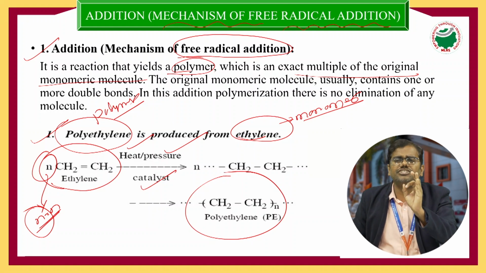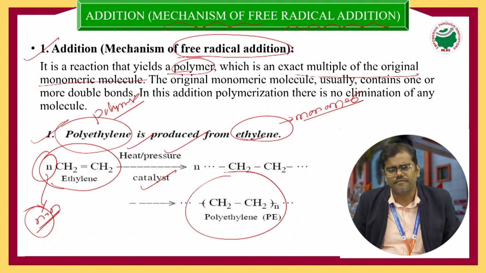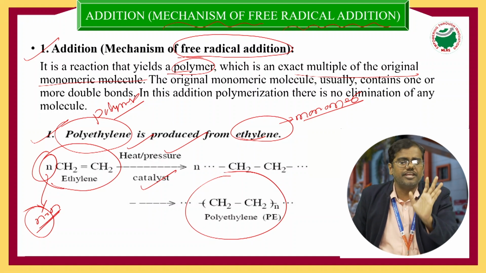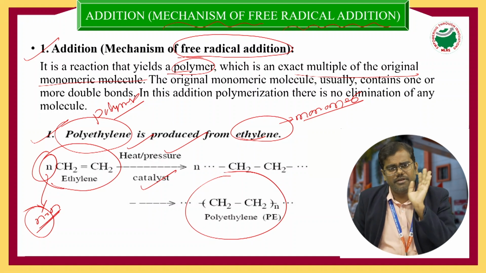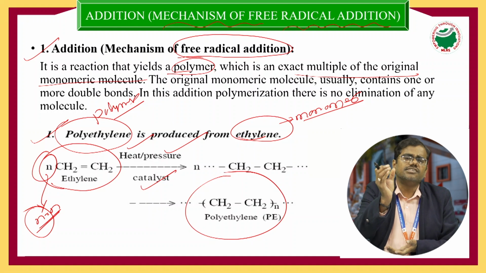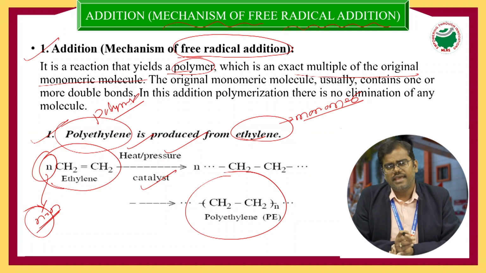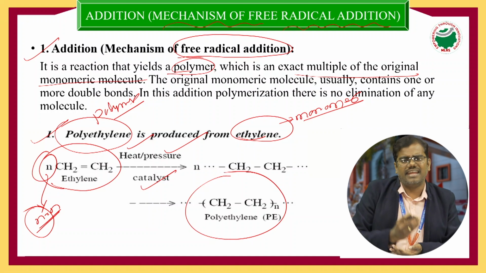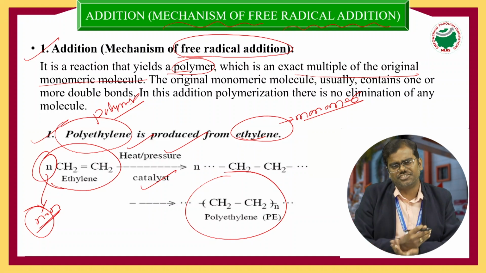The mechanism of addition polymerization involves three steps. The first step is initiation, the second step is propagation, and the third is termination. Initiation usually requires initiators. What are initiators? The initiators are the substances that initiate the reaction; they start the reaction.